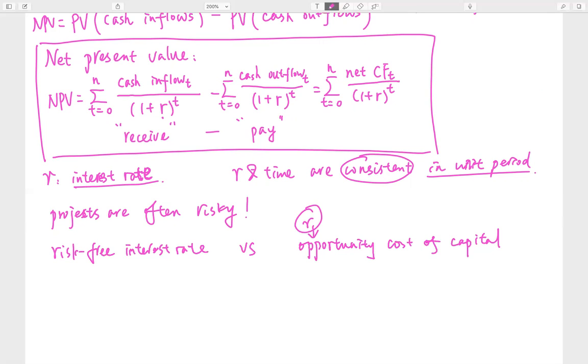So in that sense, the most difficult thing, okay, there are obviously two difficult things when you think of a project. One is to project the cash inflows, right? Cash inflows are future income. You don't know, right? When you undertake a project, you can't say for sure how much money you will earn in the future.